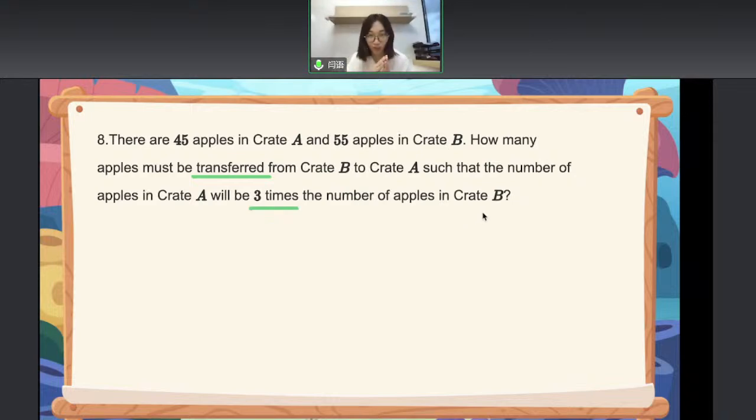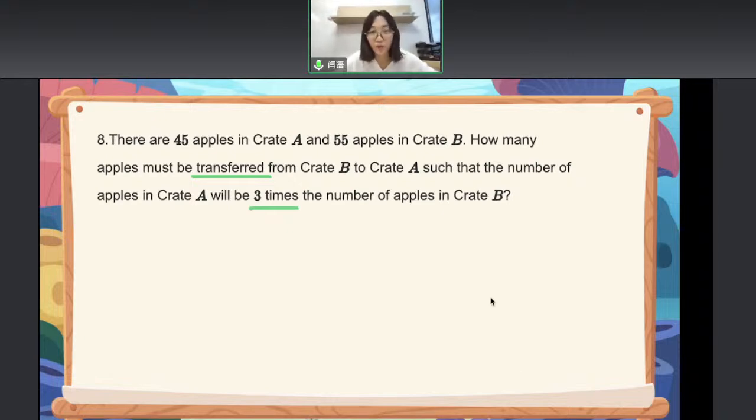Well, you see the question is super long, right? Let's read it again. How many apples must be transferred from crate B to crate A such that the number of apples in crate A will be 3 times the number of apples in crate B? Okay?